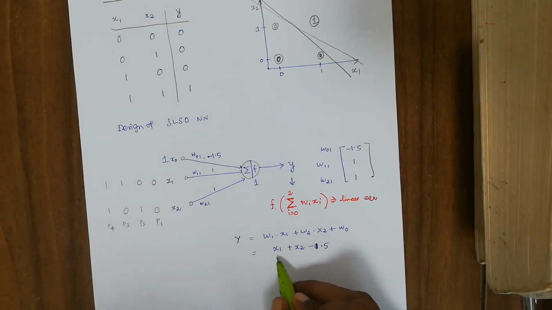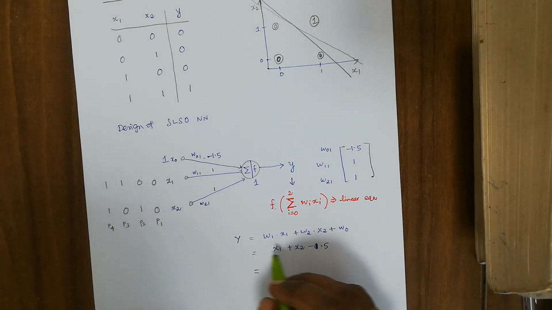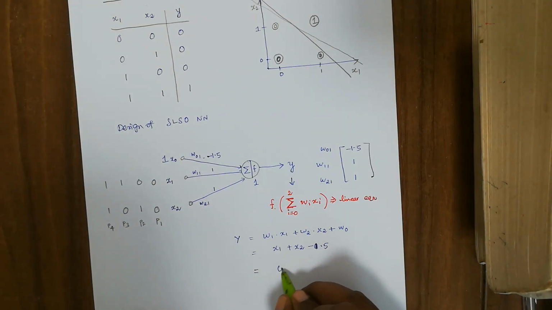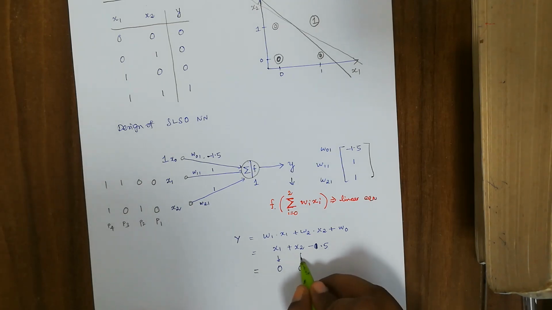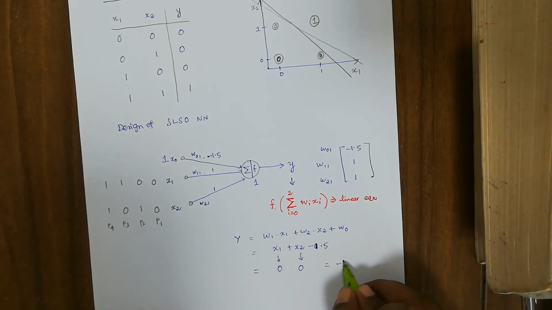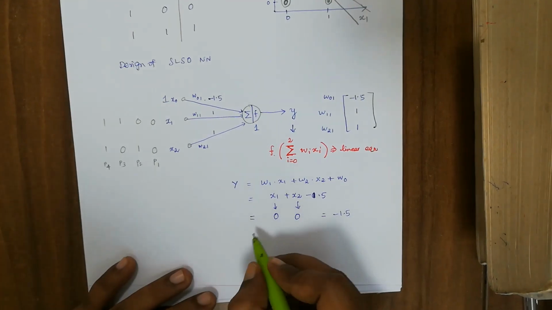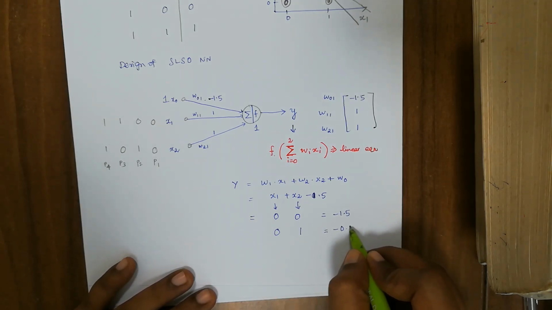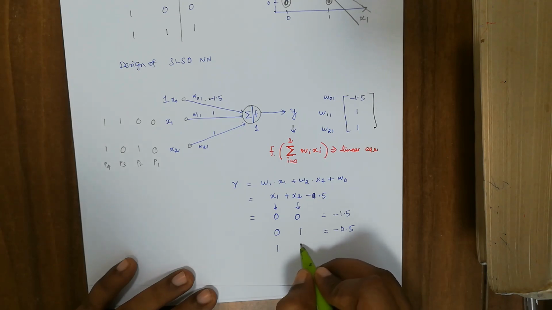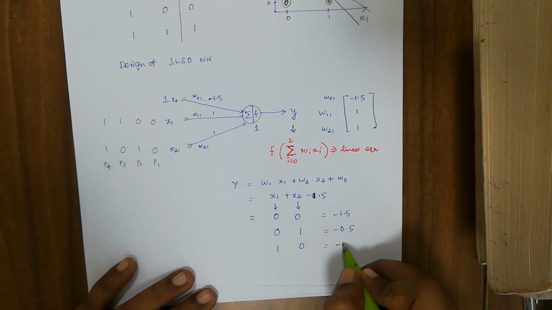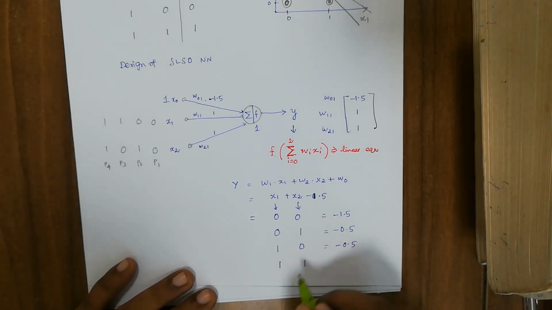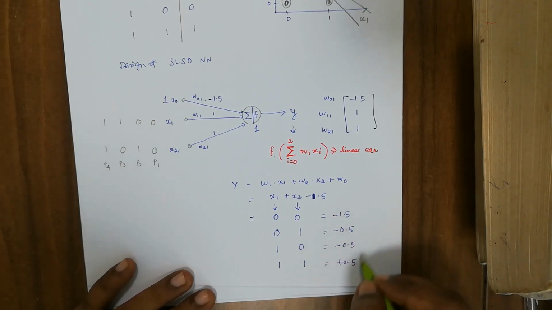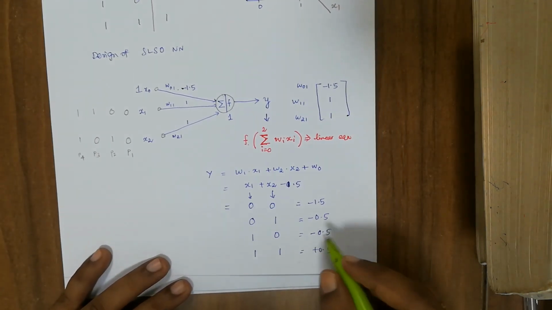Now if we substitute 0 0 for x1 x2, we get minus 1.5. If we substitute 0 1, we get minus 0.5, and for 1 0, the output is minus 0.5, and for the input 1 1, we get plus 0.5. This is the output of the adder, which is the summation value.